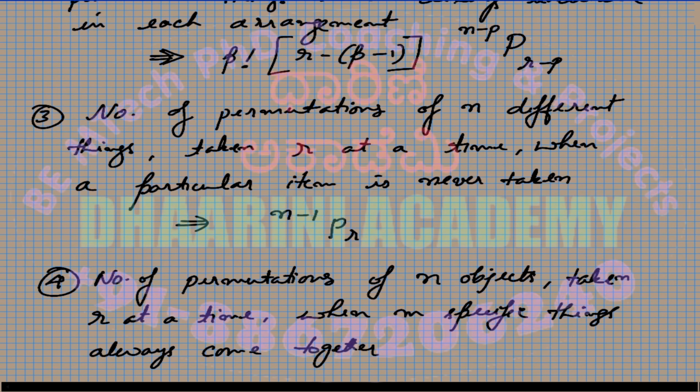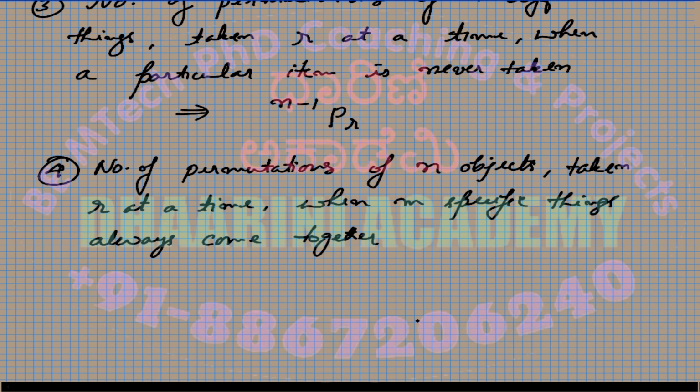If m number of things are always coming together, then this is the answer. How many permutations are possible? That is equal to m factorial multiplied with (n minus m plus 1) factorial. So that is the answer.